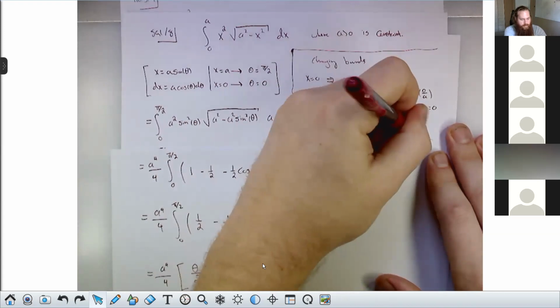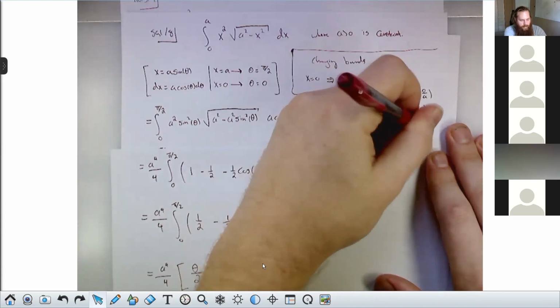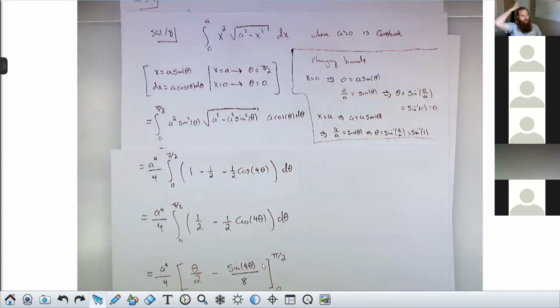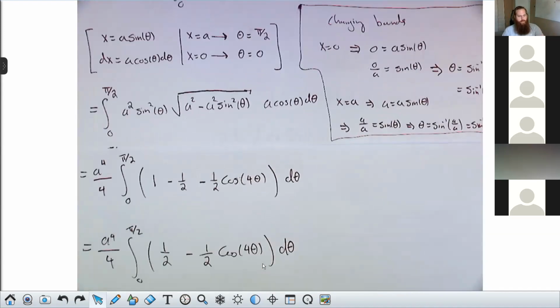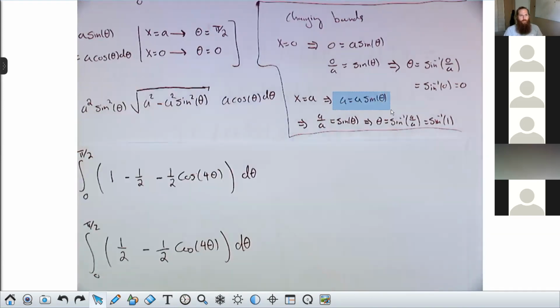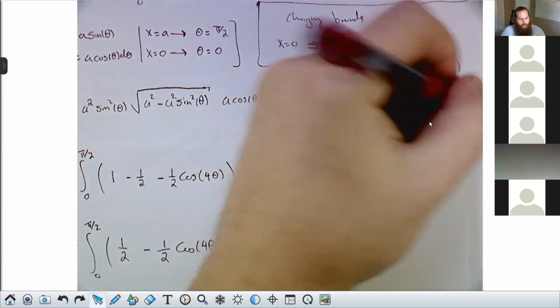That's the inverse sine of 1, and the inverse sine of 1 is pi over 2. So it's not that I'm plugging in 1 for a. We can't do that. It's just that as I solve for the new bounds, this is the equation I'm solving. And the a's cancel. A over a is 1. So the inverse sine of 1, that's pi over 2.